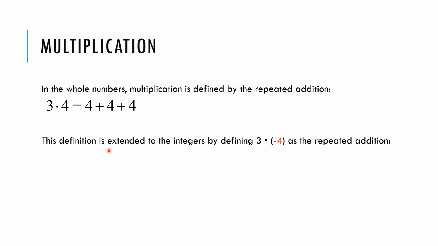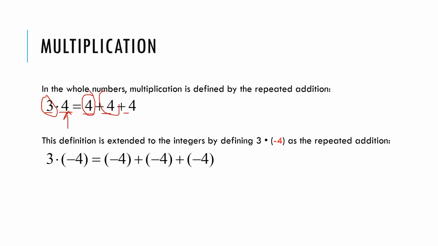So this definition is extended to the integers by defining 3 times negative 4 as the repeated addition of negative 4, adding together groups of negative 4. So our first number always tells us the number of groups, and our second number tells us how many in each group. Just like with 3 times positive 4, we had 3 groups, 1, 2, 3, of positive 4 being added together, 4 plus 4 plus 4.